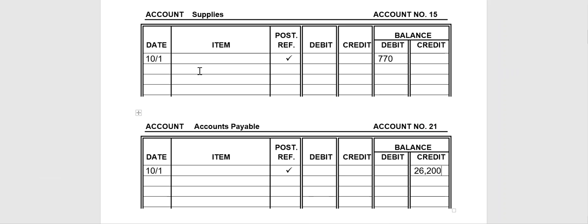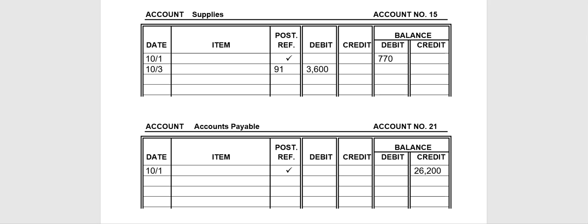So in our ledger, we do exactly what happened in our journal. It tells us that our journal was page 91. So we post the reference that we can find this transaction on page 91 in our journal. On October 3rd, on page 91 in our journal, what happened to supplies was that it was debited for $3,600.